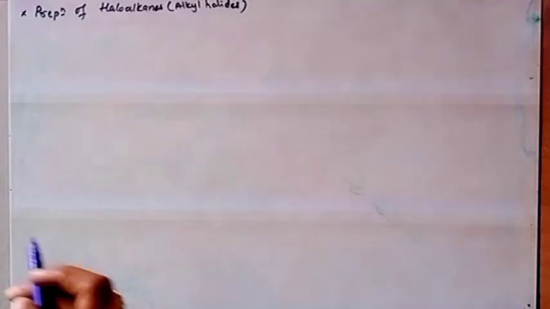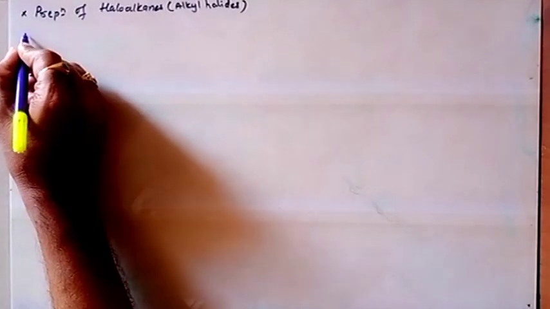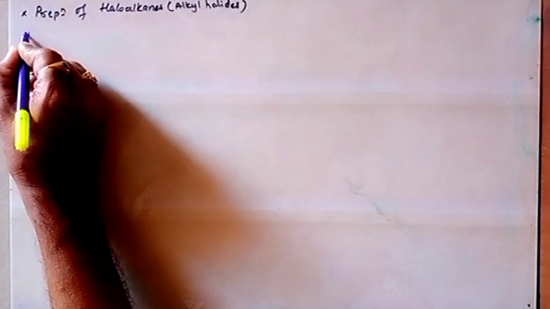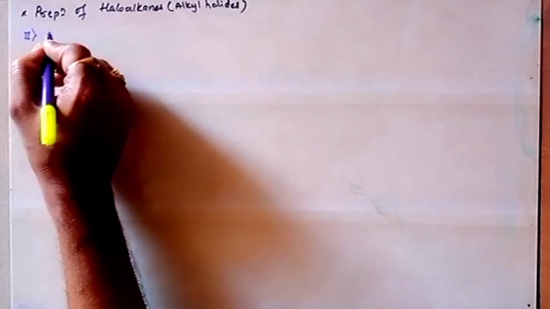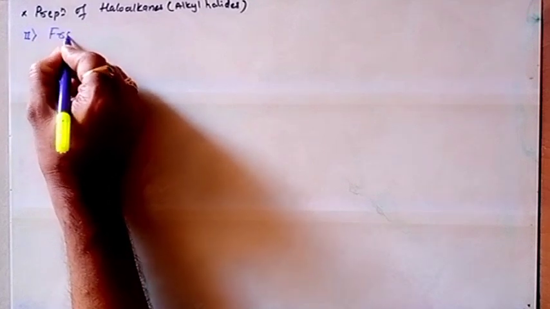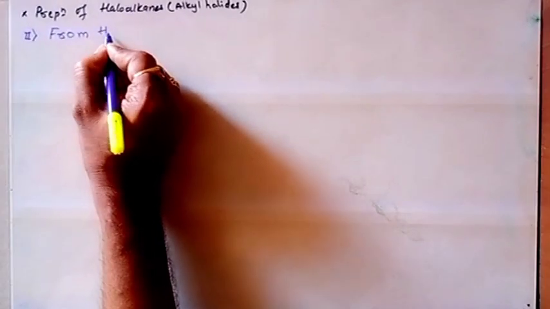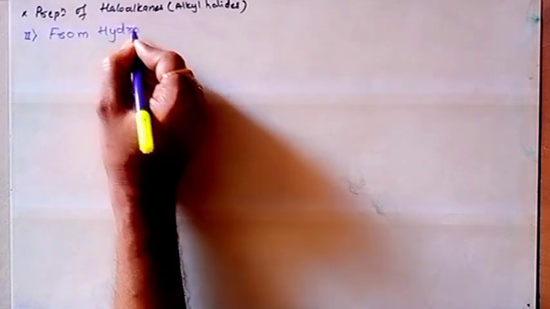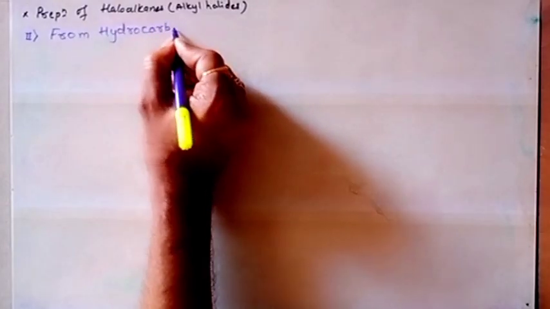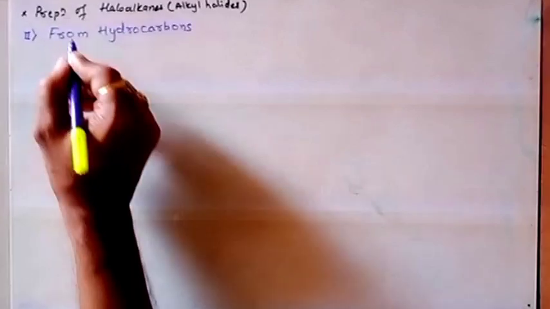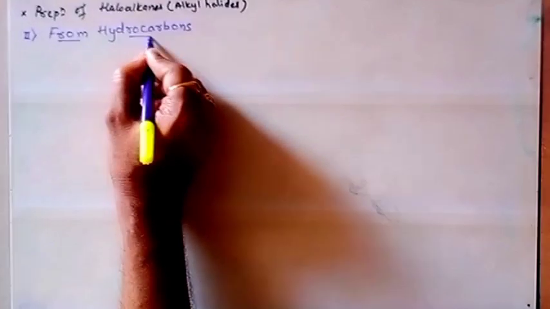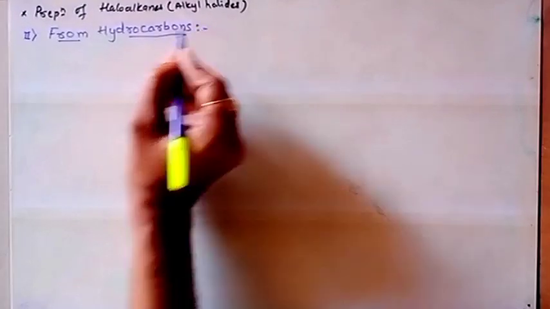In this session we are going to deal with the second method, that alkyl halides are prepared from hydrocarbons. So these hydrocarbons may be alkanes or may be alkenes.